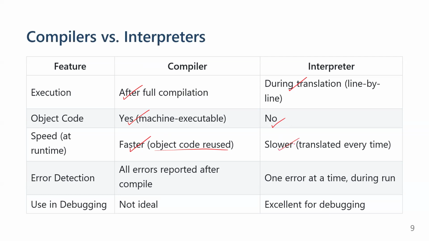But interpreters are slower because they have to translate your program every single time. Error detection isn't the strong suit of compilers because all errors are reported after compilation is over, whereas interpreters report the errors line by line and one error at a time during runtime, which therefore makes it excellent for debugging, whereas not so ideal in compilers because compilers don't report errors line by line. It shows you all the errors at the end.